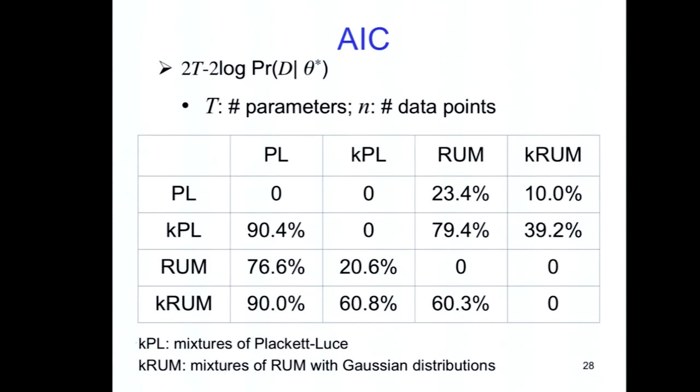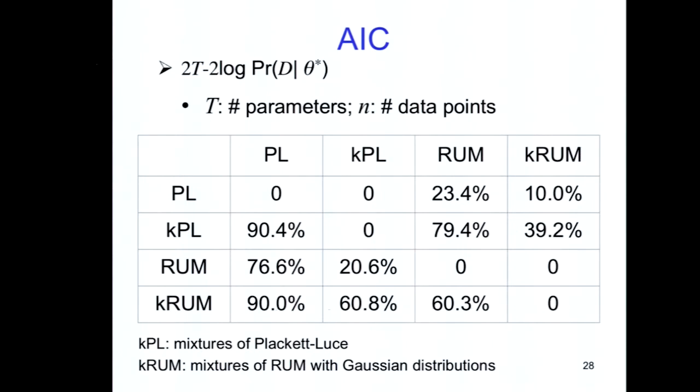So let's look at this. Probably a more interesting number is this: Plackett-Luce versus RUM, random utility model with Gaussian distributions. Previously I claimed that Plackett-Luce's model is not always the best. Now let's compare the AIC. For 23% of the time, the AIC of Plackett-Luce is better than the AIC of the random utility model with Gaussian distribution.